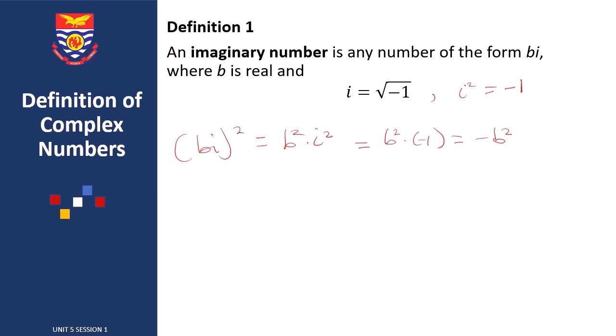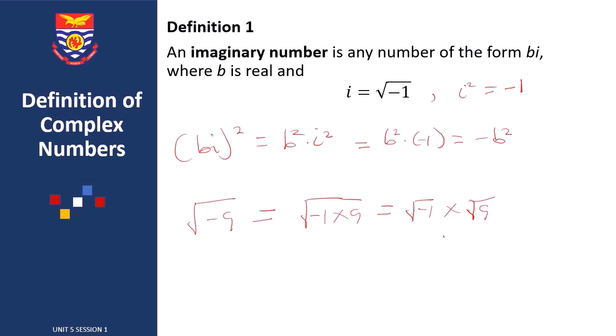We can also see, for instance, when I have the square root of, let's say, -9, how do I solve this one? The square root of -9 is the same as the square root of -1 times 9, and I think you agree with me. Then by the multiplication rule, you can get the square root of -1 times the square root of 9, and then the square root of -1 is what? i, and then the square root of 9 is 3, so you get 3i.